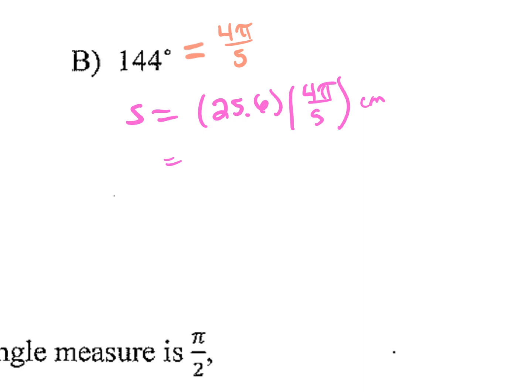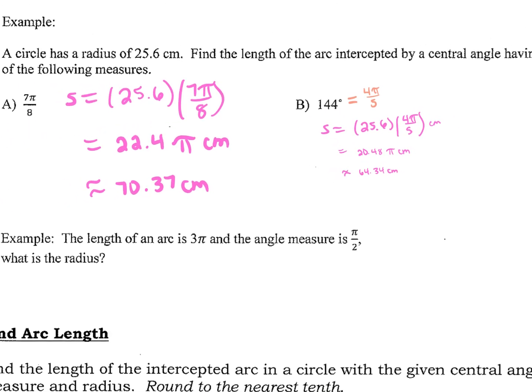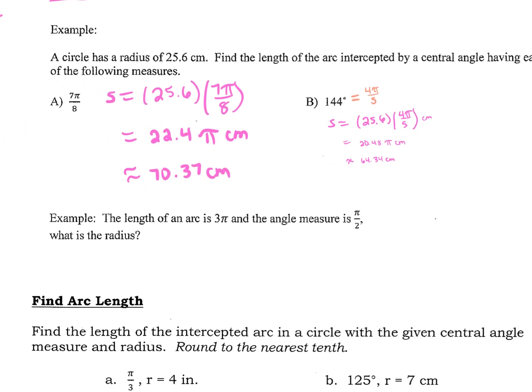So 25.6 times 4 divided by 5, we get 20.48 pi centimeters. And then if you plug in and do 20.48 times pi, you get the decimal approximation, and that will be 64.34 centimeters. Okay. So pretty straightforward in terms of plugging into the formula.